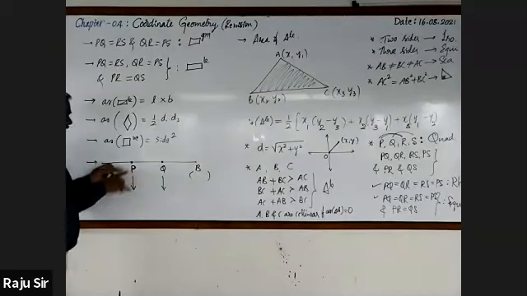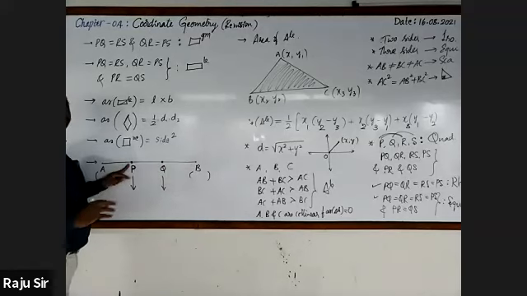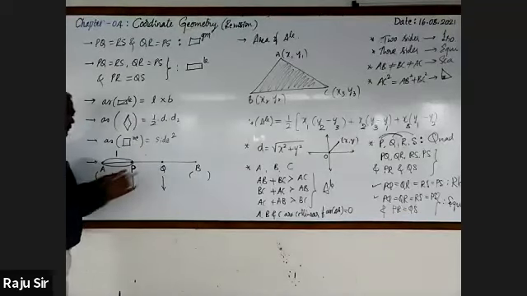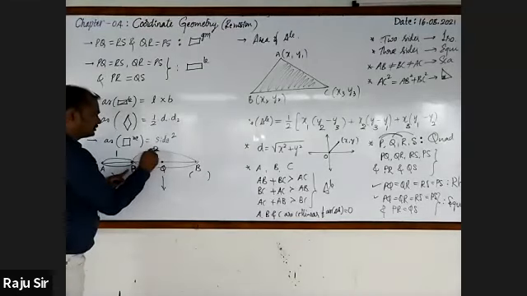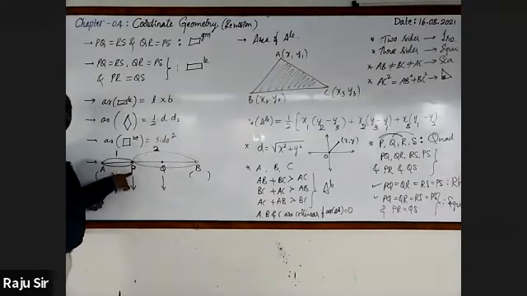Because this point has divided the line segment AB in some ratio. But what is that ratio? 1:2. See that AP is 1 part, P to B is 2 parts. So using the ratio 1:2, you can find out coordinates of P.